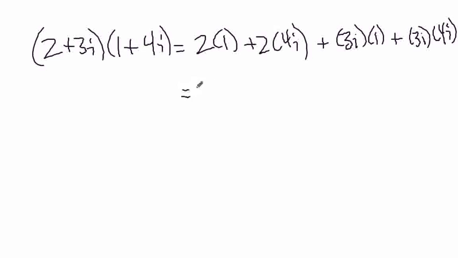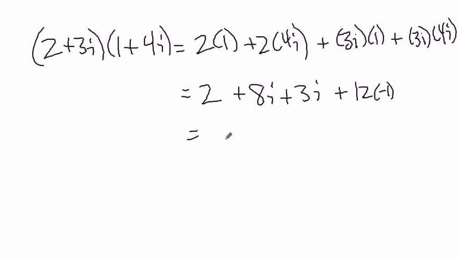So 2 times 1 is 2, 2 times 4i is 8i, 3i times 1, that's 3i, and then on the last we can do the 3 times 4 to get 12, and then i squared gives minus 1. Okay, so that whole thing will simplify to minus 12.